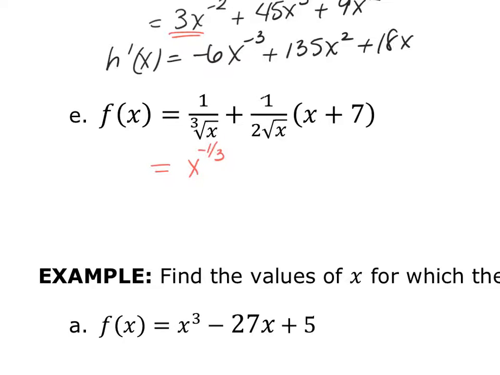I'm going to go ahead and multiply this through. And when I multiply this through, I'm going to get plus 1/2 x over the square root of x. And then plus 7 over 2, 1 over x, the square root of x. Do you all have any questions as to why I'm writing the fraction out front as a multiplier?